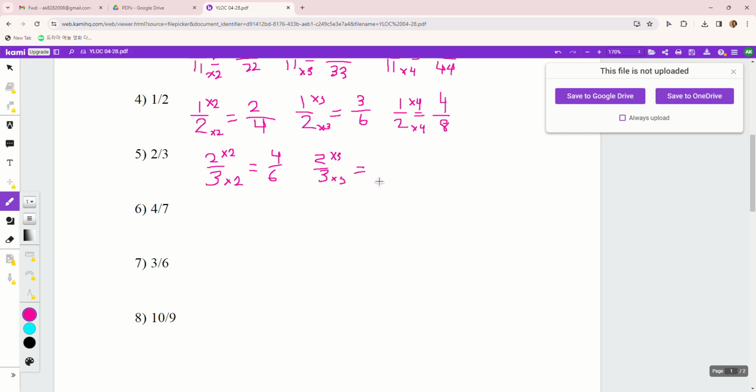So 2 times 3 is 6. 3 times 3 is 9. So 2/3 is also equivalent to 6/9. Then you can also do times 4 to each side, and then you get 8/12. So 2/3 is also equal to 4/6, 6/9, and 8/12.